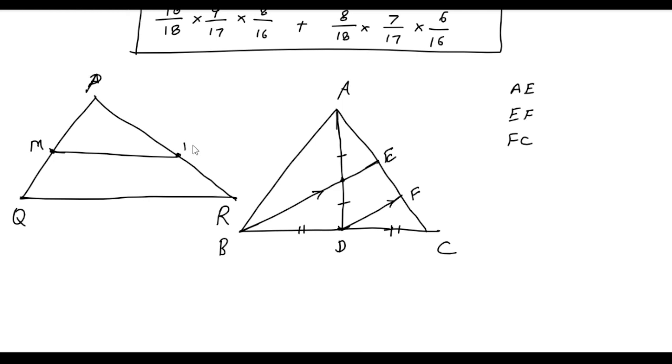In triangle PQR, M is the midpoint of PQ, and MN is parallel to QR. Then what you say about this point N? No, actually N is the midpoint of PR.